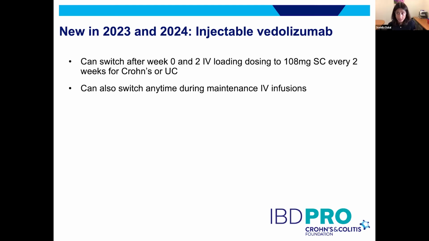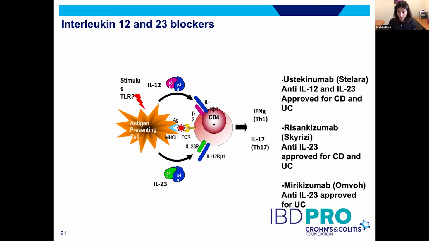So patients have the option of IV or injectable for vedolizumab. At this time, the IV infusion takes about 30 minutes. So again, patient preference in terms of what they feel is the best formulation for their lifestyle and to maintain adherence to the therapy.